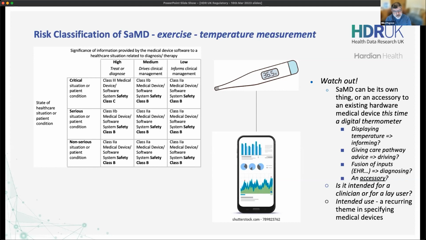So the concept of treating with software, the concept of many things with software, was not even envisaged in the original directive. This is why class 1 SAMD is still possible in the UK. This is coming on to something I said earlier, that the regulations are due to change in July 2024. It's delayed from July 2023. The MHRA and the government haven't had time to get their act together to fully propose a new regulation.